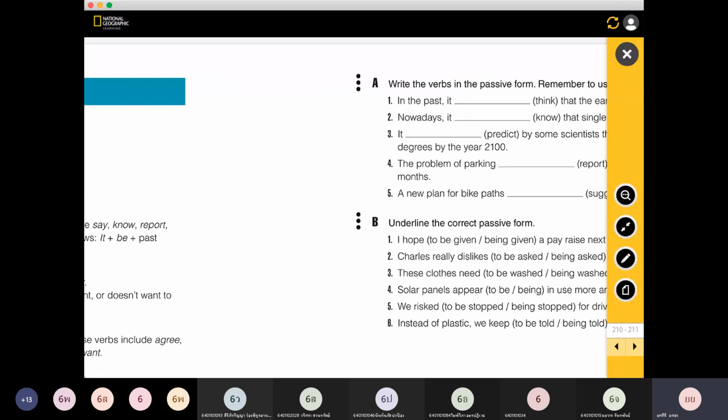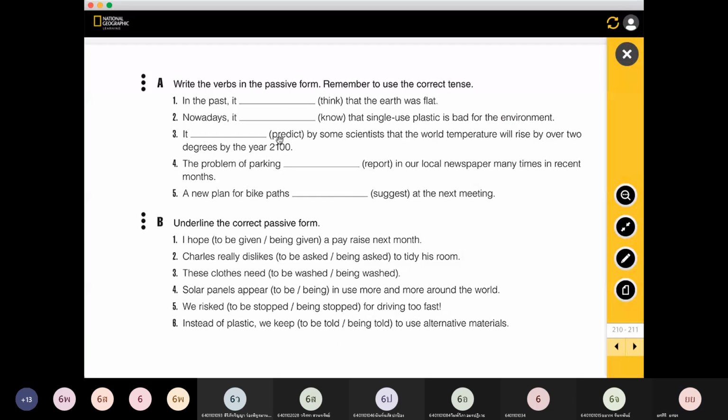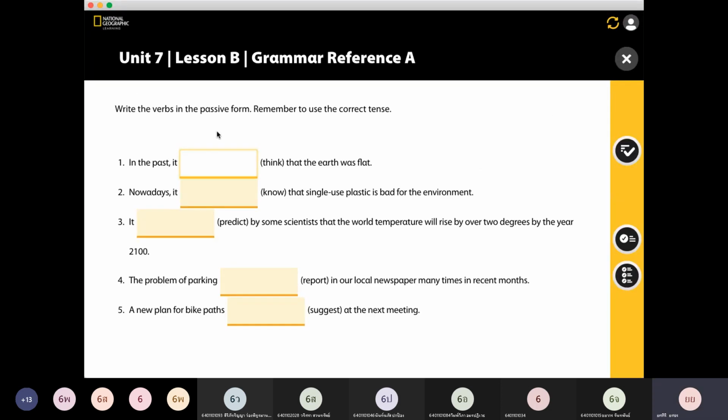Look at the passive form and try to use the verb of report here. Be careful, and try to think of the tenses as well.